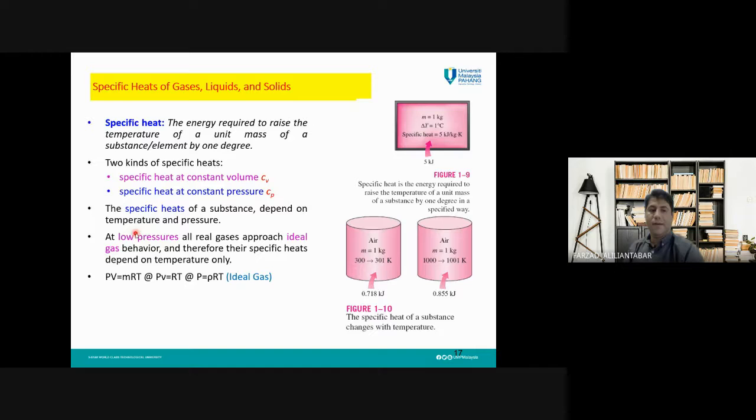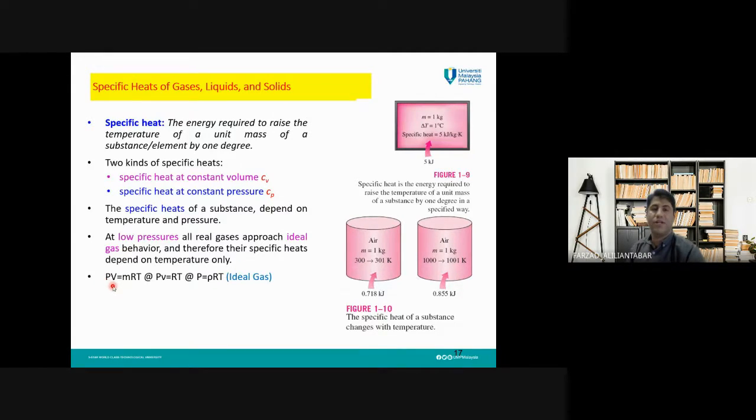And for ideal gases, we have also some extra information and equations which are helpful in our study. For ideal gases, if you remember, we have this equation: ideal gas law. PV is equal to mRT.